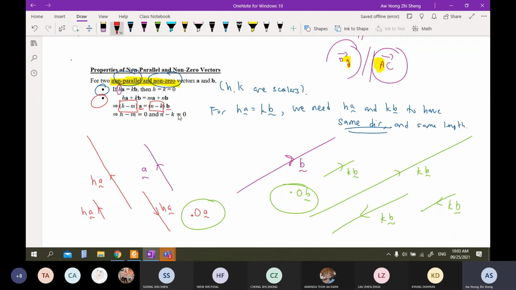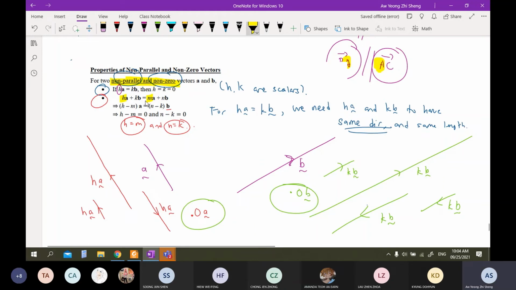Since A and B are non-parallel and non-zero vectors, the only way for the two sides to be equal is when both the coefficients are equal to 0, or else this equality can never hold. So if H minus M is equal to 0 and N minus K is equal to 0, what it means is H is equal to M and N is equal to K. If you look at this final result, it actually allows you to compare coefficients. So what is H and M?